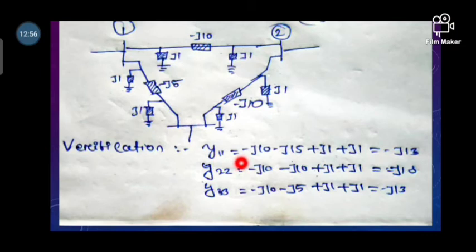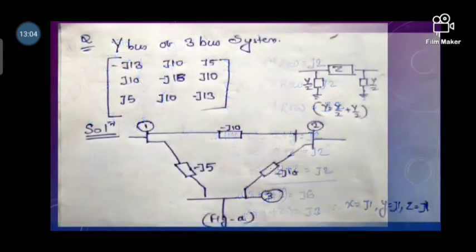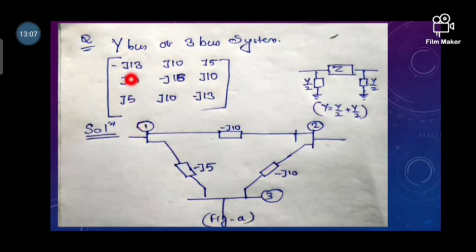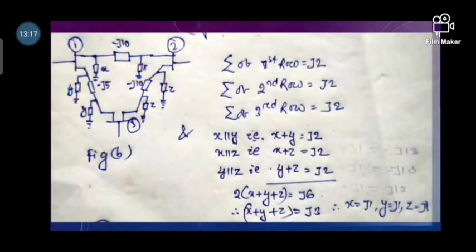So y11 is equal to what? Addition of all the elements connected in the first row. So in the first row, what are the elements connected here? So see here, j13 plus j10 plus j5 plus here j1 and here j1 connected to bus number 1 with respect to ground. So j1 plus j1 is j2.